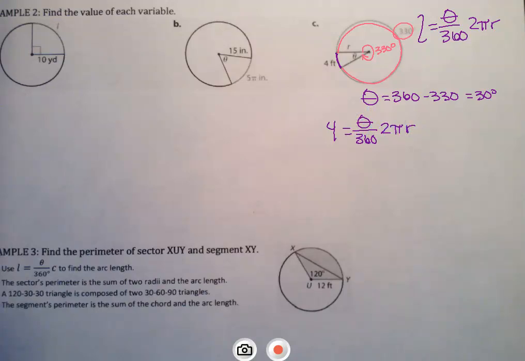And I don't know why I wrote theta when we just solved for it. What was theta? Okay, so 4 equals 30 divided by 360 times 2 times pi times r. Make 30 over 360 1 over 12. So we can say that 4 is equal to 1/12.